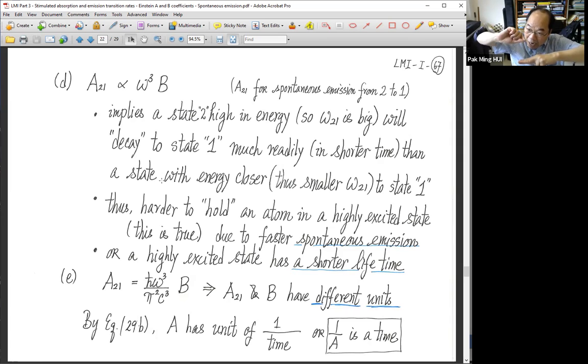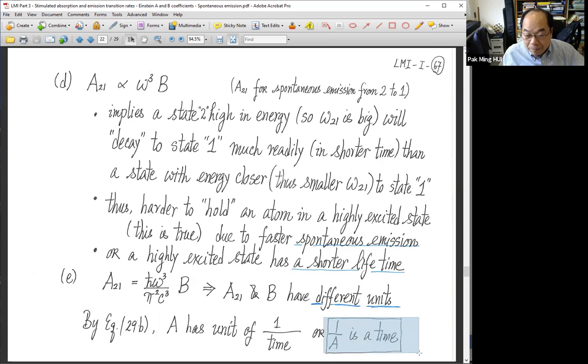A more highly excited state will have a bigger omega, and therefore the spontaneous emission rate will be bigger. That is to say, it is easier to decay. It means an excited state higher in energy above the state it decays to is less stable, or has a shorter lifetime. All right, so that is an important idea with this extra omega cubed.